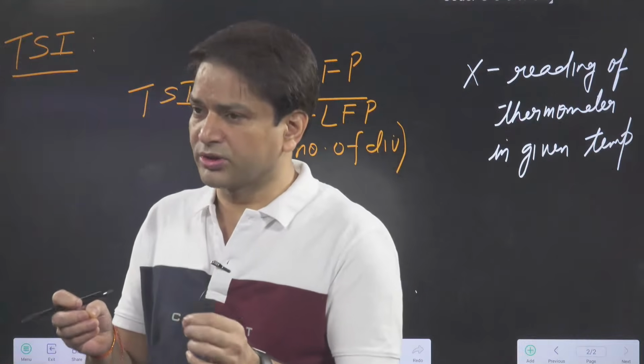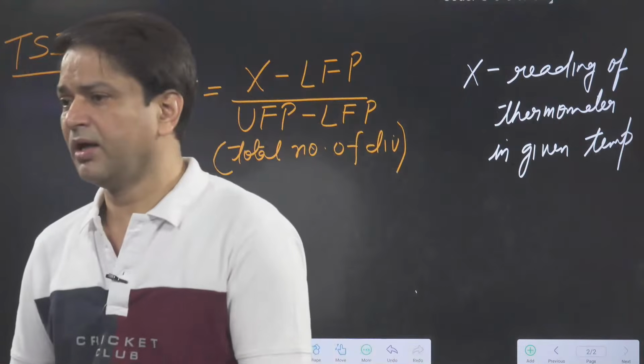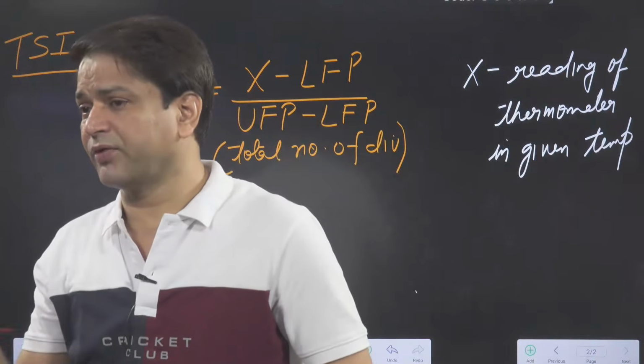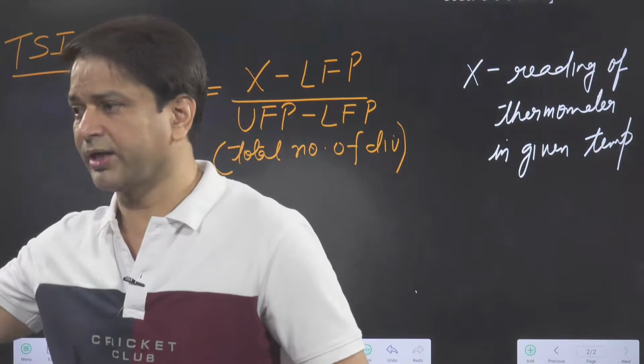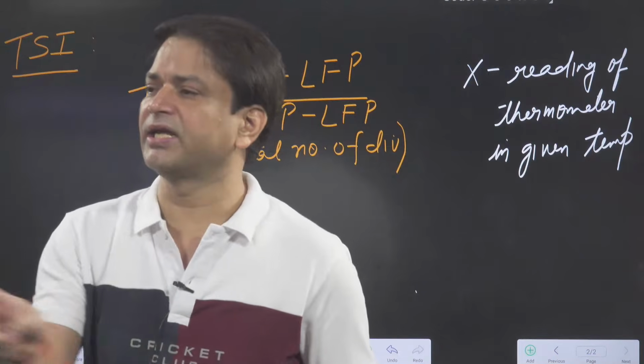When we are measuring the same temperature, the temperature is the same, but we know that the reading on different scales will be different. So for the given temperature, the TSI of all the scales is constant.